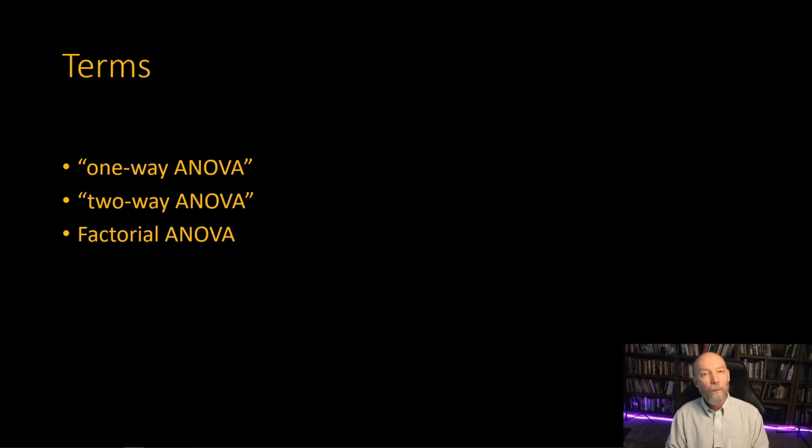But Factorial ANOVA is basically saying we have two or more independent variables. Now, some folks reserve Factorial ANOVA for only when you have three or more independent variables, but many other folks, myself included, obviously, from what I'm about to do, would say that a two independent variable model is in fact factorial as well.